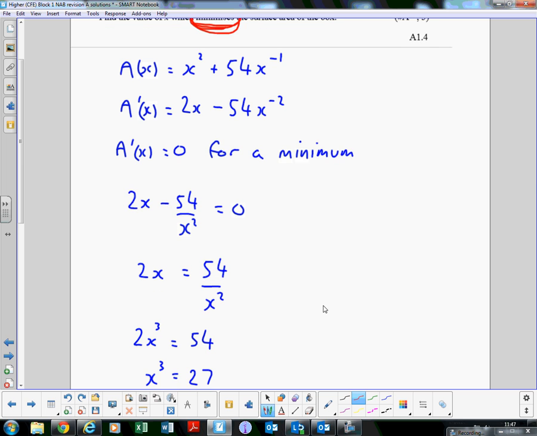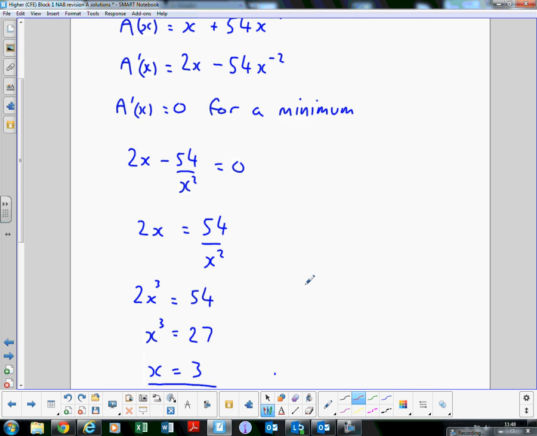We then solve. At this point, I could quite easily multiply every single term by x squared. 2x times x squared would be 2x cubed. 54 over x squared multiplied by x squared would be 54. 0 times x squared would be 0. Alternatively, we could bring the -54 over x squared across to make 2x the subject.